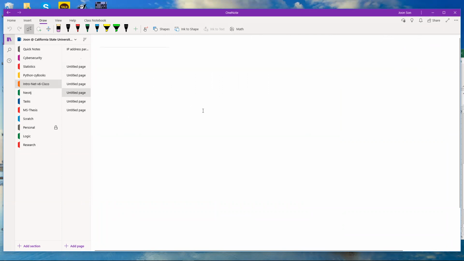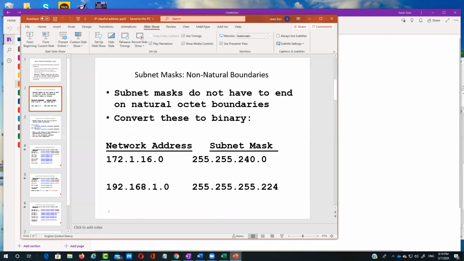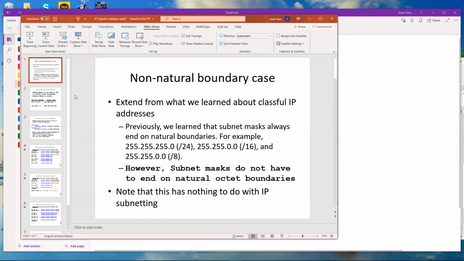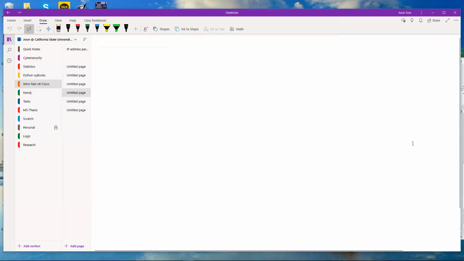So far, when I give you the homework assignment, basically, I give you the IP address. Let's say 192.168.1.0, right? So this is given.